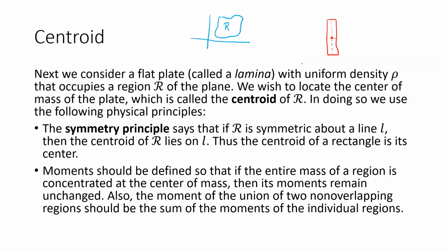The second principle says that we can decompose a region into smaller regions and then use the sum of the point masses. For instance, if I take the region R here and break it up into smaller sections, I can locate the center of mass in each of these smaller sections and then treat the entire section as if it were a point mass located at the center of mass.